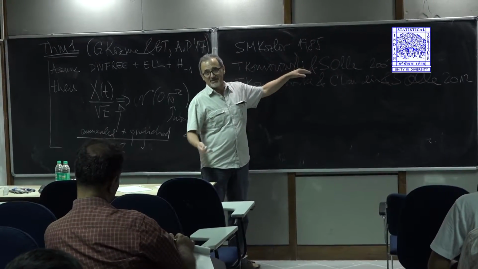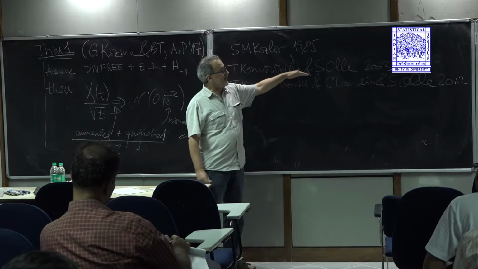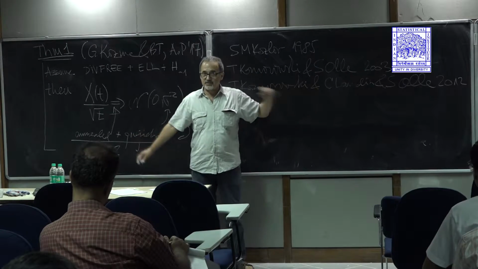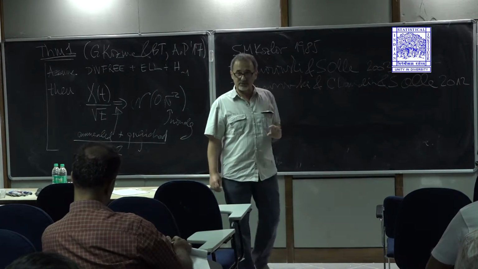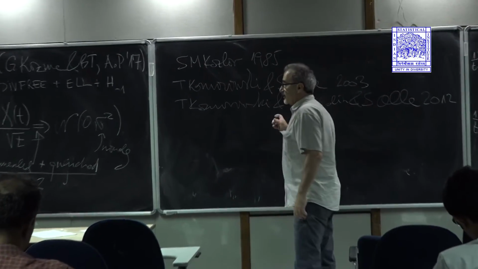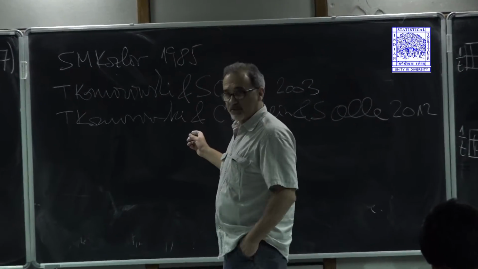Actually, they missed the same thing. And they give a proof under stronger, much more restrictive conditions, which I'm not going to tell you. Maybe later I will have time to tell you.